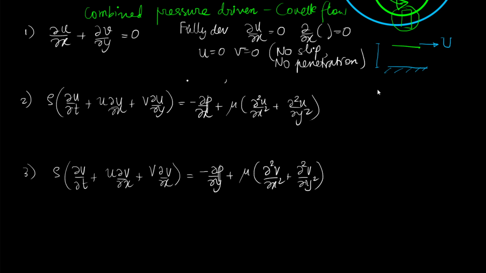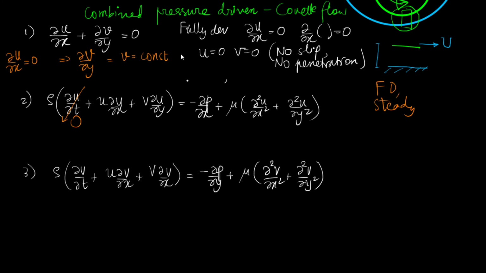Apart from being a fully developed flow, we assume that the flow is steady. So if the flow is steady, these terms will vanish. Right away, if it's a fully developed flow, del u del x will be 0, and that implies del v del y will be 0. And if this is true, v equals a constant.